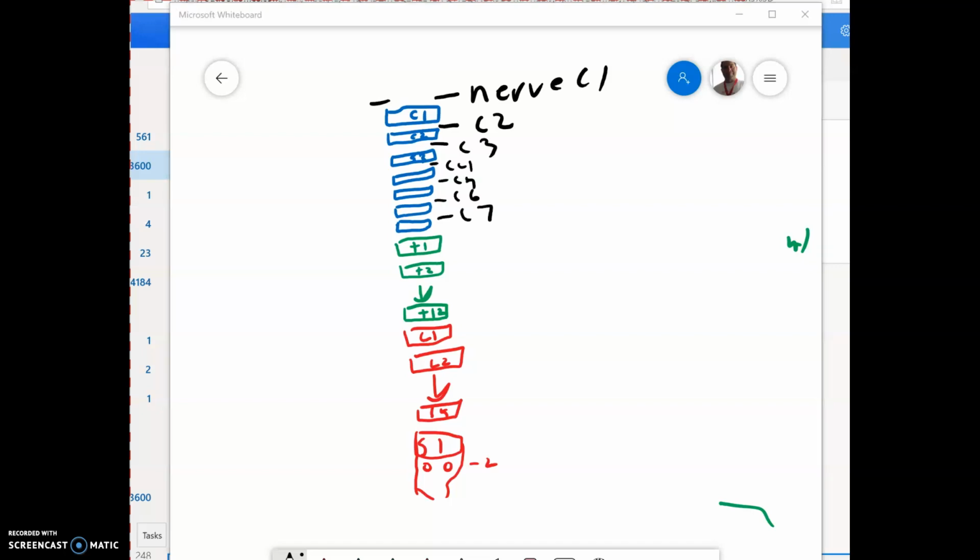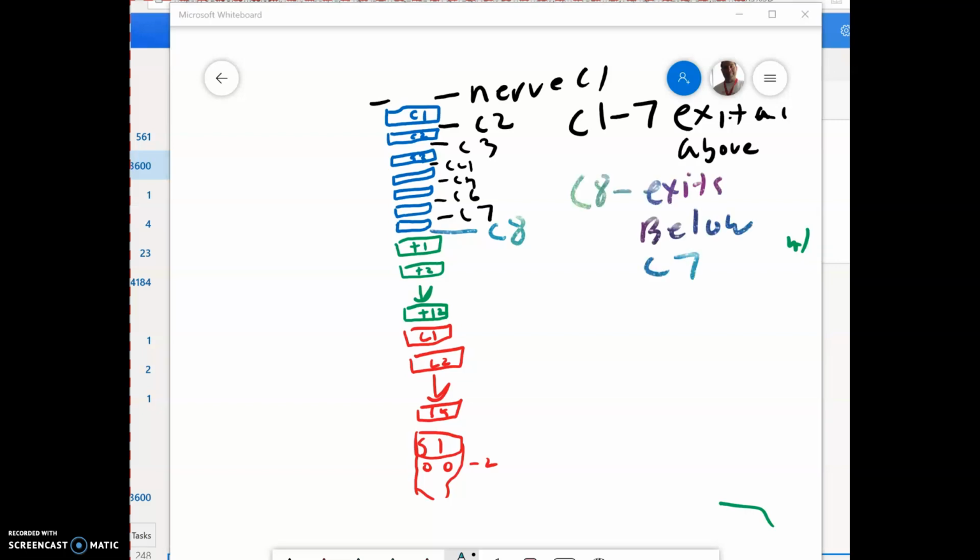So where the heck do we get that 8th vertebrae? Well, for some reason, C8 is actually exiting below. So C1 through 7 exit above, and then C8 exits below C7. So that's how we end up with 8.